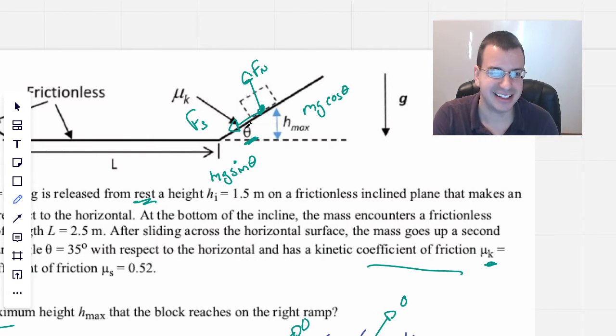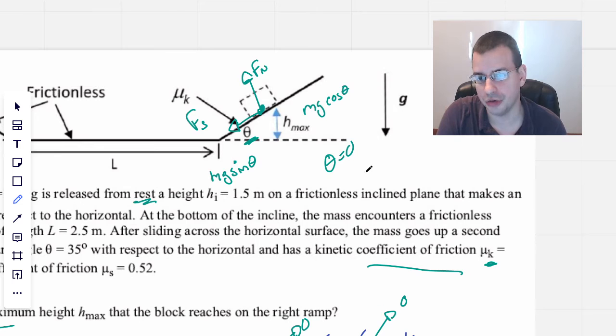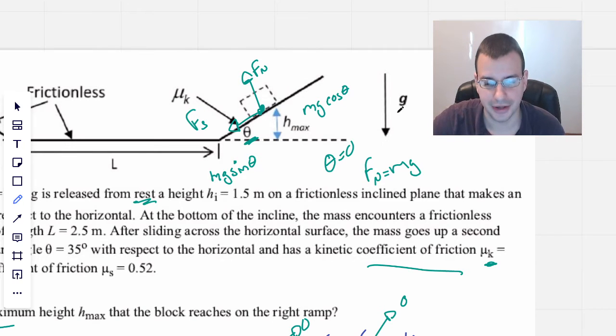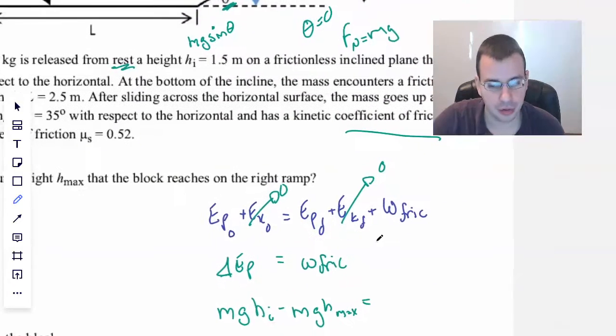I use the mnemonic sine for sliding, and then I know the other one is mg cosine theta. One way to check is if theta equals 0, then you have the old standby where the normal force is mass times gravity, which makes sense because cosine of 0 is just 1.